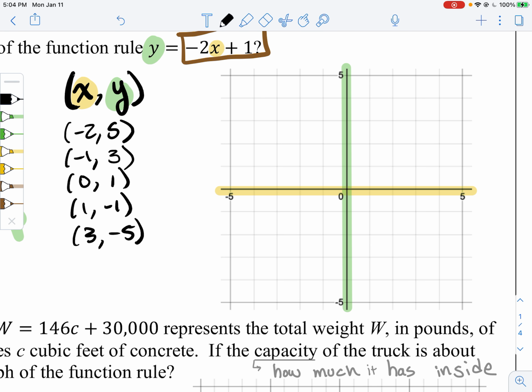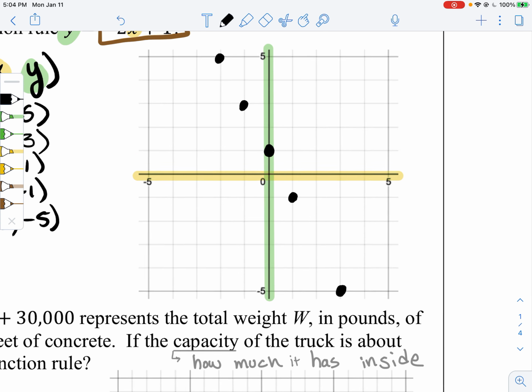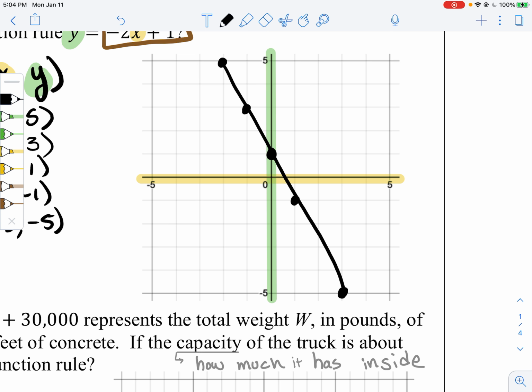Okay, so we go back negative 2, up 5, negative 1, 3, 0, 1, over 1, down 1, over 3, down 5. Now if we did this right, this is a linear function. They should all connect in one straight line. Ta-da! Excellent. Big ol' straight line.